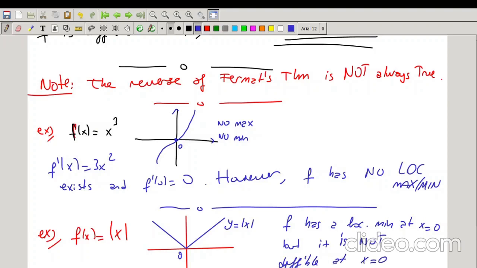Why? Maybe this is a good question for you if you think about that point. We already studied differentiability, but you see that we have a sharp point here. When you approach 0 from the left side, the slope will be -1.